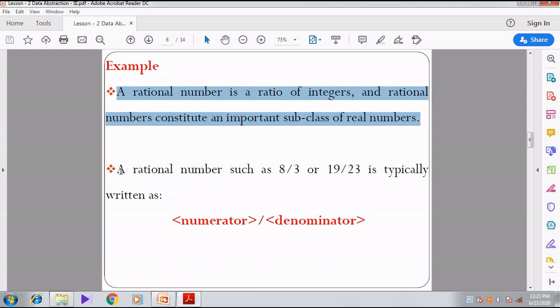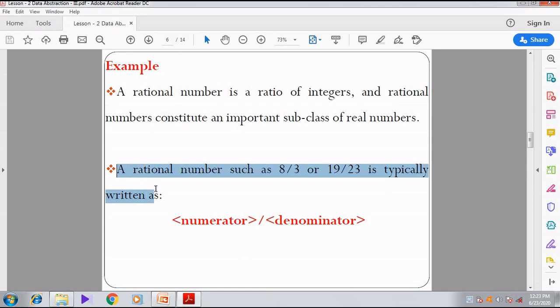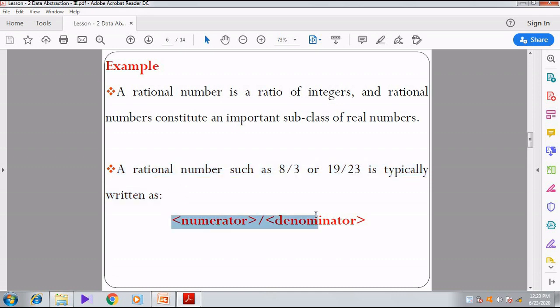See, we take two numbers; when we divide them, one number is the numerator and the other is the denominator, and we get one result. A rational number such as 8/3 or 19/3 is typically written as numerator/denominator.